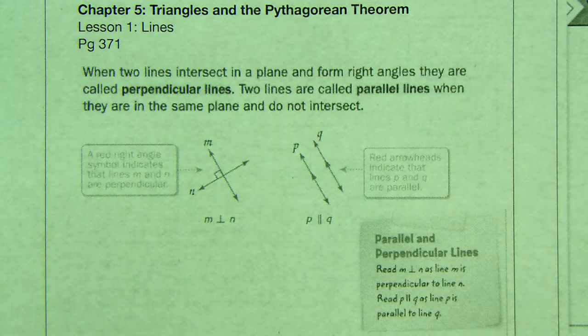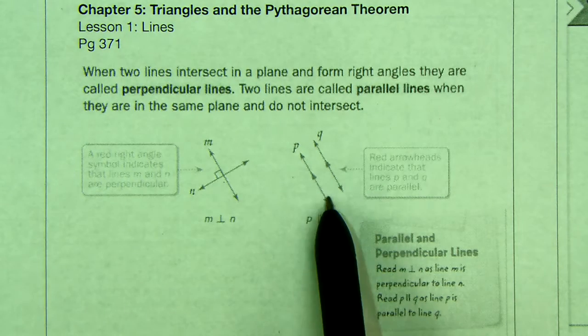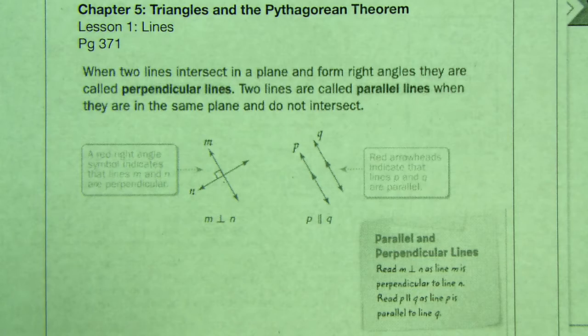Okay, so starting on slide number 1, we are going to go through perpendicular and parallel lines. That should not sound foreign to you. We've talked about perpendicular and parallel lines before, back in 7th grade, 6th grade, probably even in 5th or 4th. Perpendicular means they meet at a 90-degree angle, and parallel means that they never cross. They are the exact same distance away all the time. A couple things I want to point out is the notation.